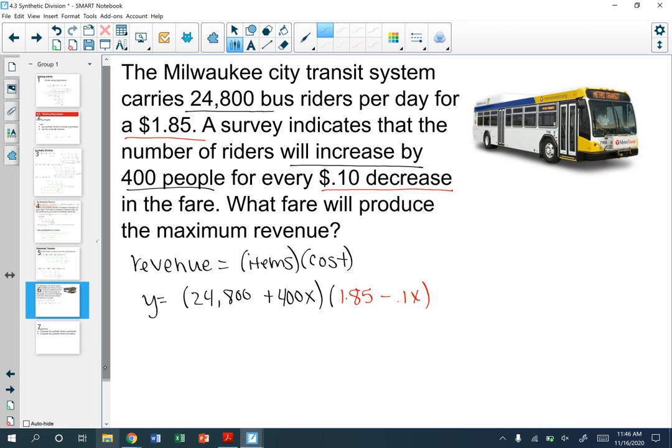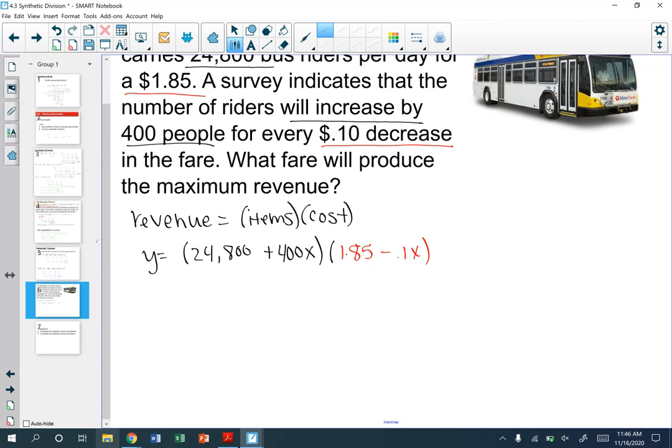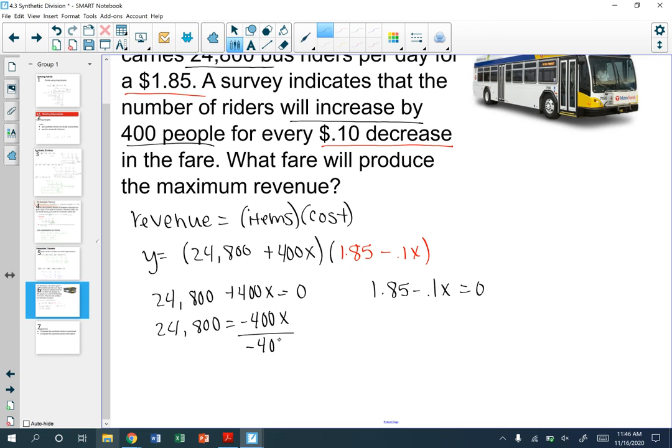Now remember, once we get this set up, we set those equal to 0. Then I'm going to solve for x. And same thing here.